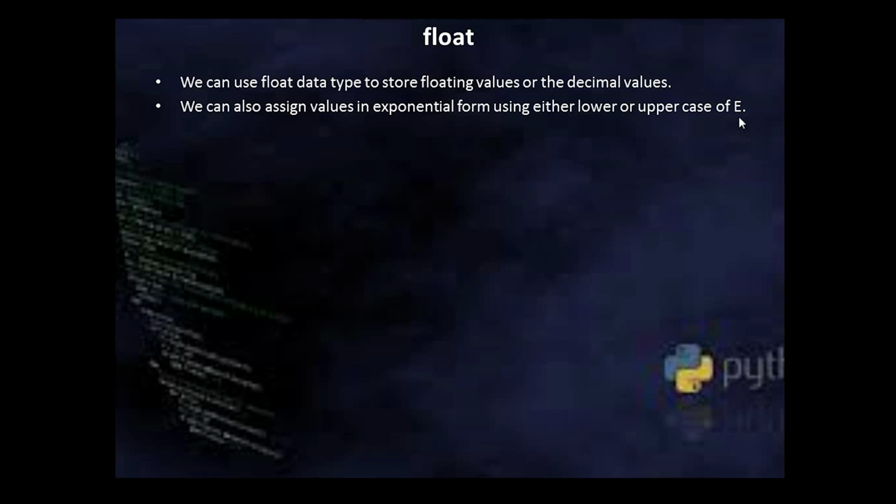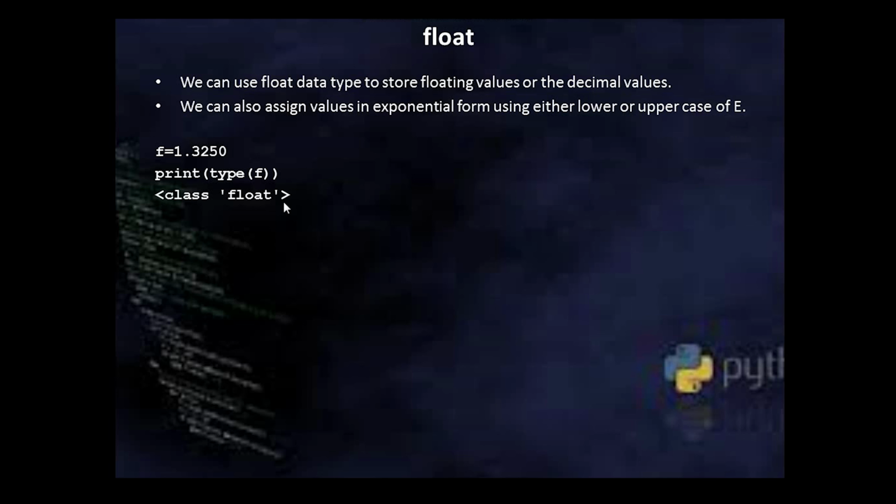The value after e is considered as 10 power that value. Now, as you can see, f equal to 1.3250. I have not used any normalized form, that is, not the mantissa exponent form. This is called fixed notation. The type of f will be class float.